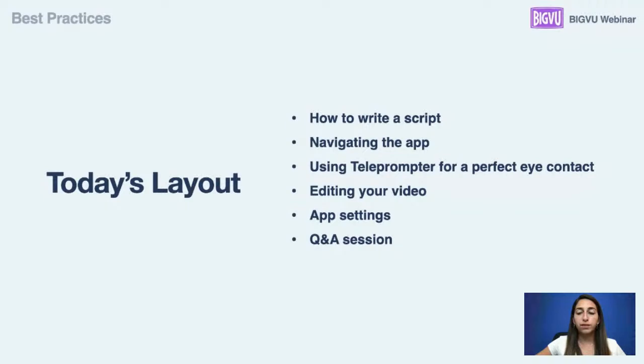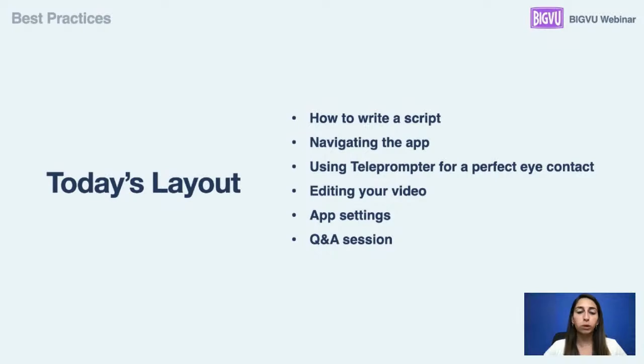So the first thing I want to talk about today is the desk. BIGVU has an app for the mobile phone and also a desktop version for the computer. We recommend using the desk version to manage your account, write the script, and edit your video, but you can do that from the phone as well.